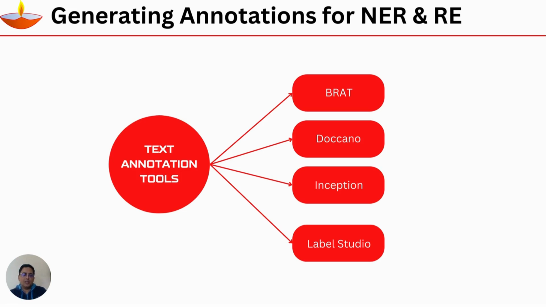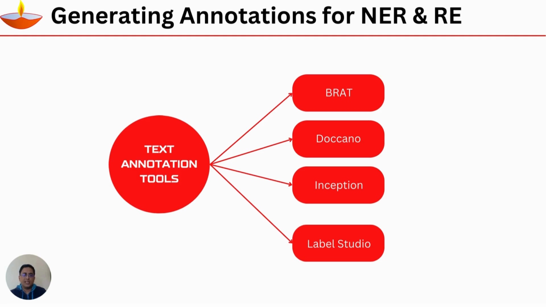Okay, so now the important aspect is it could be completely different data that you could be getting in your settings, right? So your task could be completely specific, and you might have very different requirements. In that case, you would need to essentially curate the data, and to do that, there are several different tools available in the market.